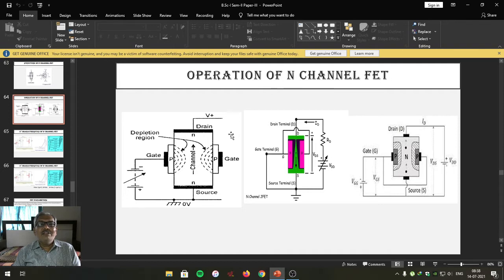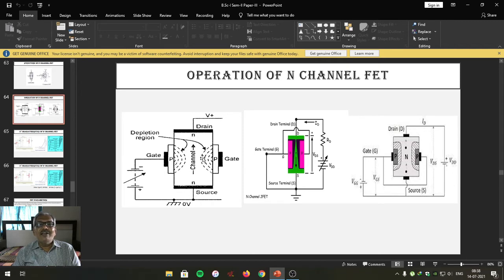Friends, we are well aware that N channel FET is represented here. It is an N type semiconducting bar, as we studied yesterday, on which to both sides, left as well as right, a P type semiconducting layer is deposited. Hence there is a formation of P-N junction, and in between these two P layers, an N type channel is created.